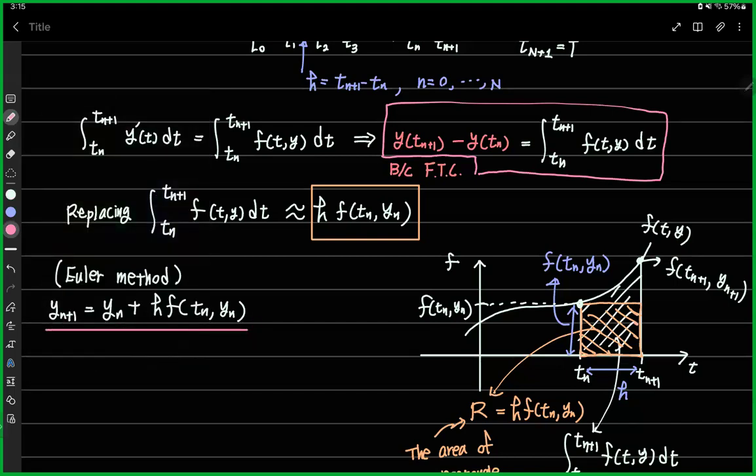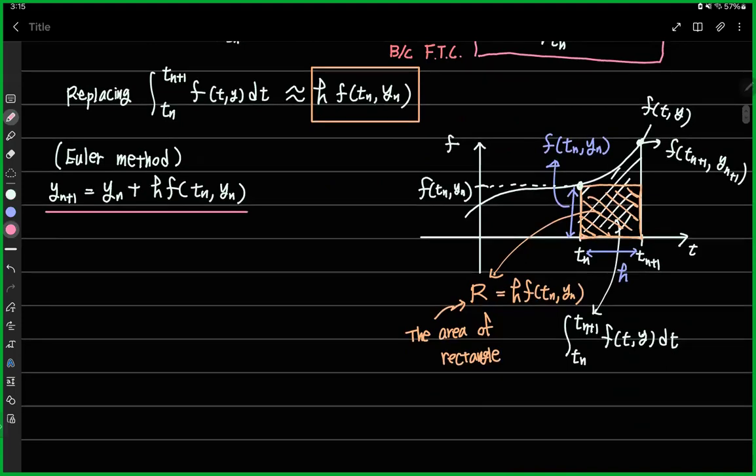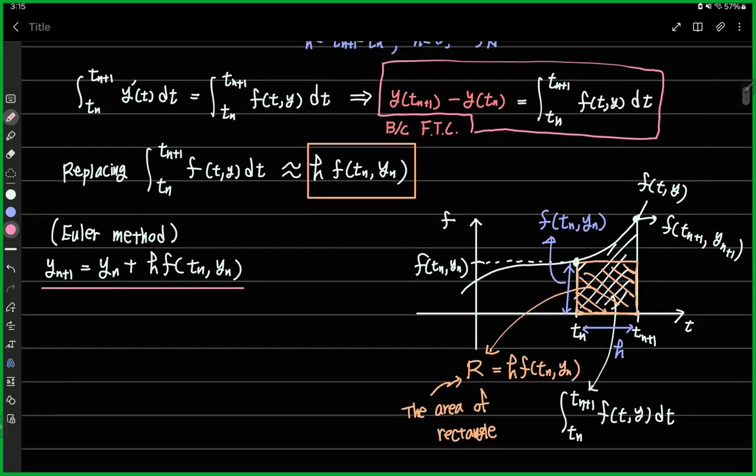The next one. Just as I mentioned, there is a big gap between here and here, right? So how can you reduce that error? I mean, the difference between the approximation, the area of the rectangle, and the actual value of that integral.